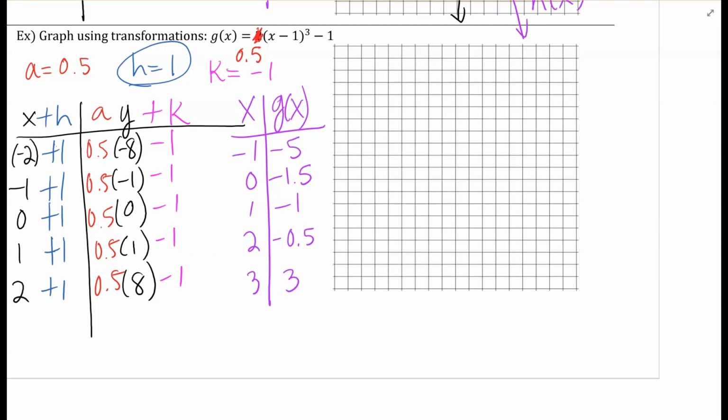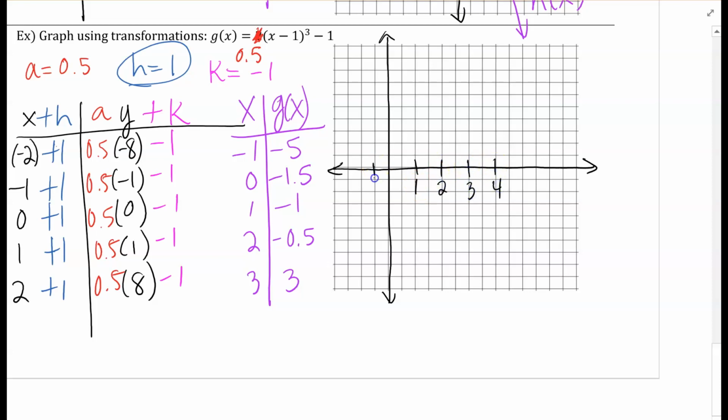Let's go draw our scale. I need to go from -1 to 3, so I can shift it a little bit over to the left because I have more positives than negatives. And then I need -5 to 3. I can put that one close to the middle. I like going by 0.5 for my x's just because they're spread out less than the y's.